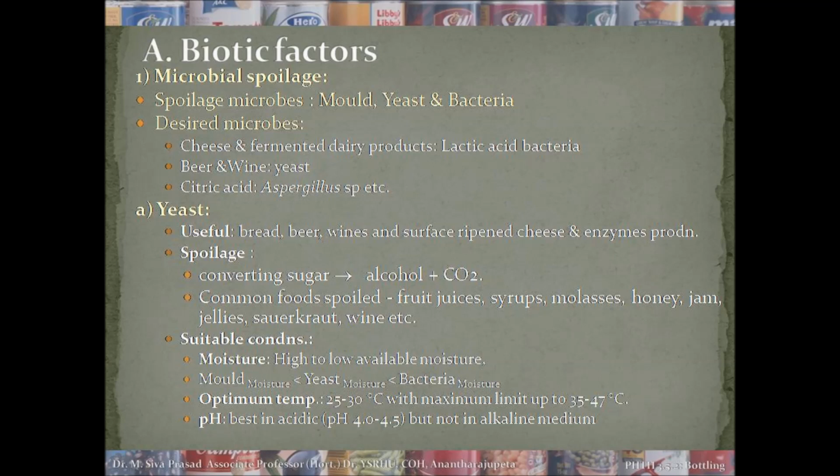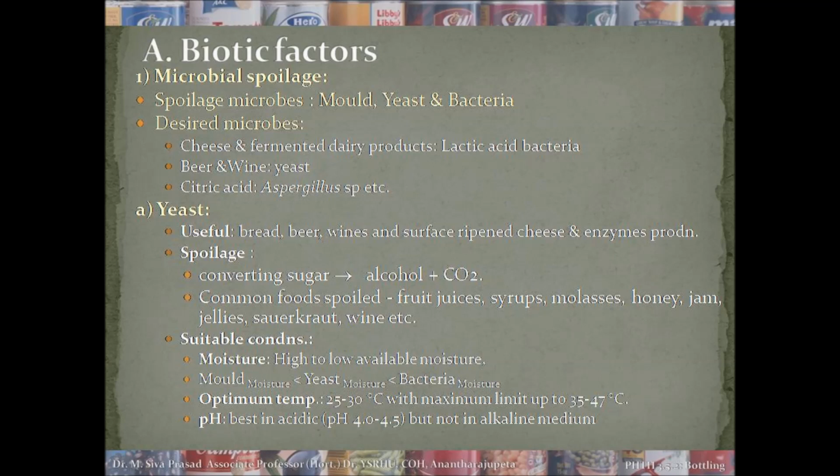What is their structure, what is their mechanism, how exactly they are going to spoil the food, what changes they bring about in a food, and what are their suitable conditions. Once you know the suitable conditions of a particular microbe, you can easily destroy it by creating unfavorable conditions, right? So first we will discuss biotic factors.